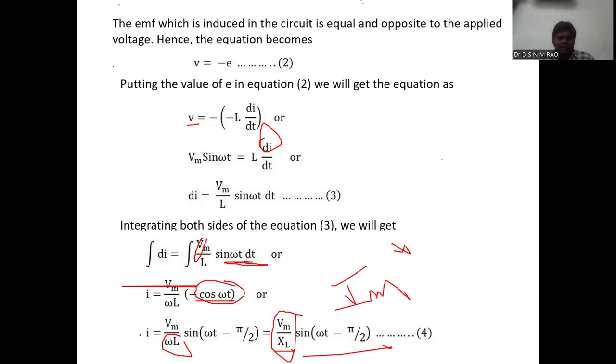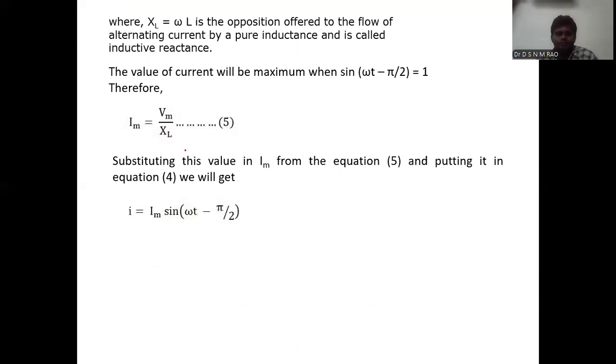The instantaneous value of the current flowing through the inductor is small i equals Im sin of omega t minus pi by 2, where Im is Vm by XL. Whereas v equals Vm at an angle of 0 degrees, the reference signal, the derived current signal is Im sin of omega t minus pi by 2.